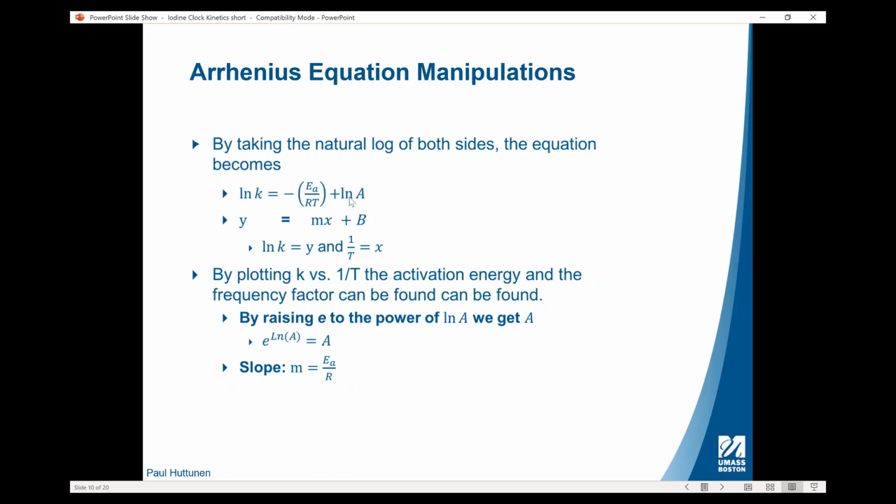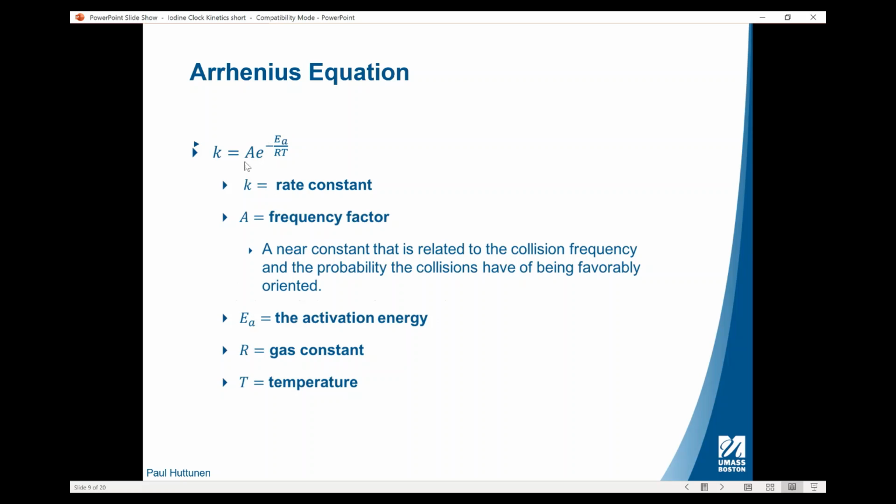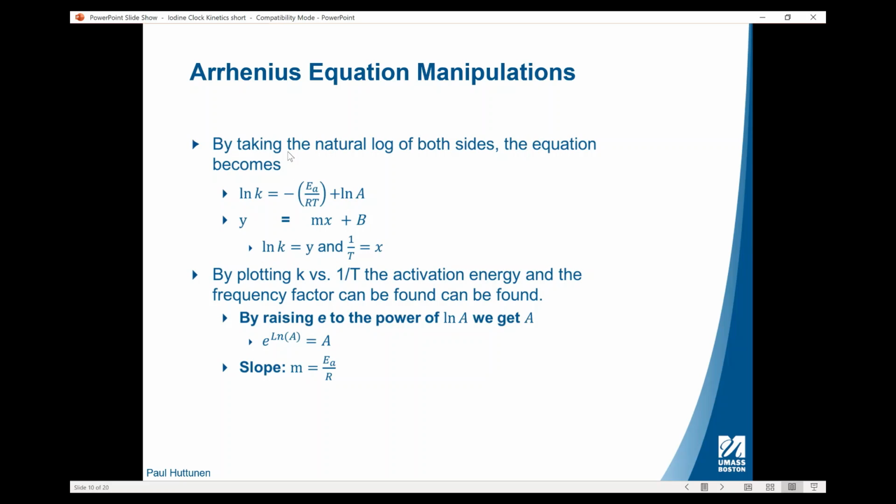So we have the ln of A plus the ln of e to the power. The ln of e to the power is just what the power is. The power of e here is negative Ea over RT. So ln of e equals 1.